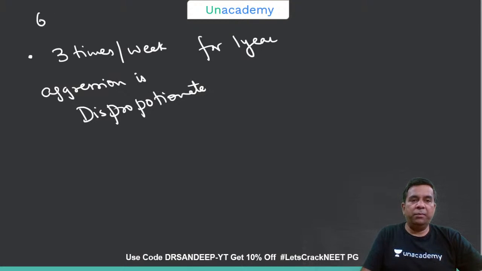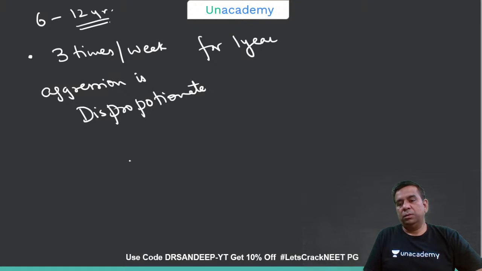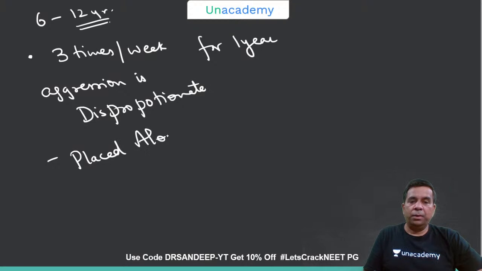It happens in children between 6 to 12 years of age. D, yes, very good. So it is placed along with the depressive disorder.